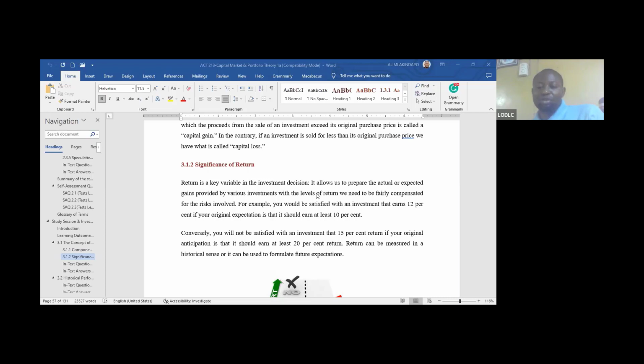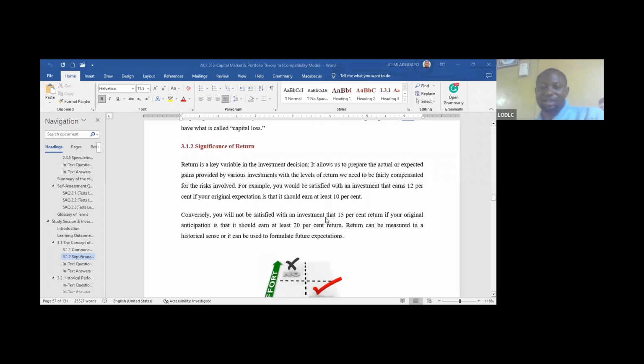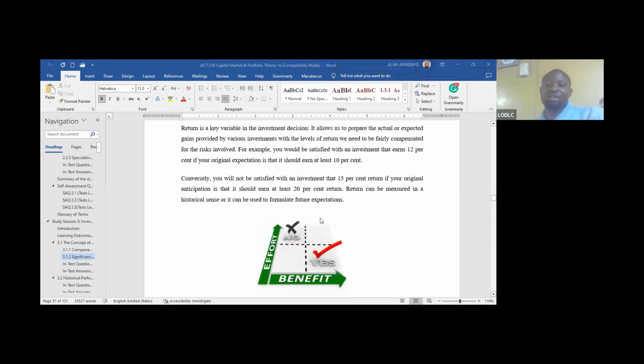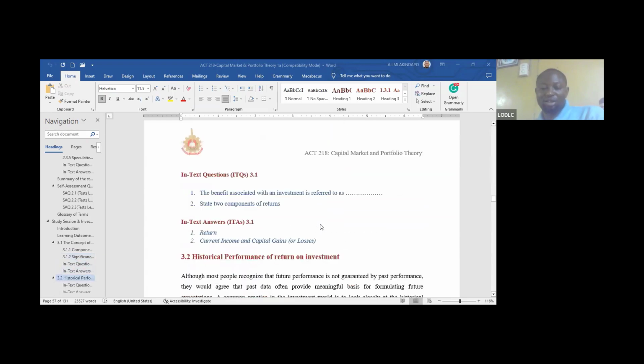So for example, you will be satisfied with an investment that earns 12% if your original expectation is that it should earn at least 10%. Conversely, you will not be satisfied with an investment that earns 50% return if your original anticipation is that it should earn at least 20%. So that's the significance, it allows us to compare the actual or expected gains. So that's the importance of return.